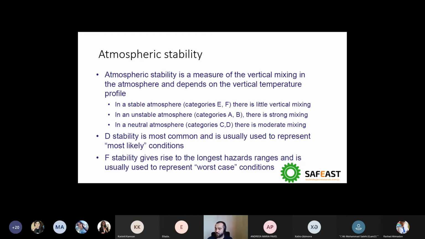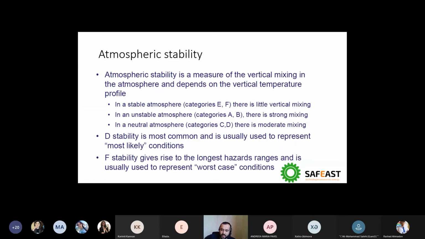So usually when we do consequence modeling, we do the D and F cases in our latitude. When I say our latitude, I mean the UK, Azerbaijan, Georgia, so this latitude, which is what we do in most of Europe. D is the stability for moderate mixing, and usually it represents the most likely case.